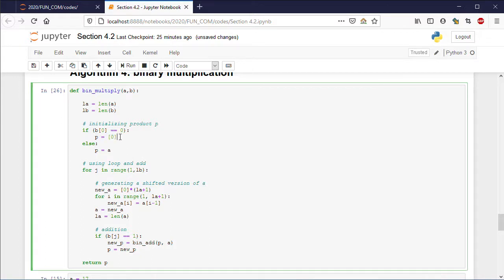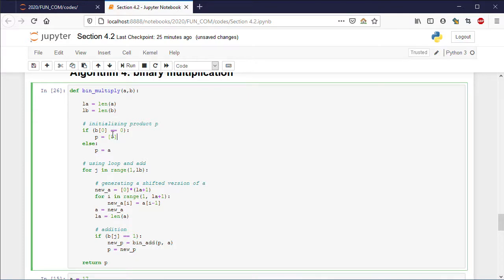So when B0 is 0, the idea is that we are going to create a list with just one element that is also 0. So in the initialization stage, if B0 is 0, then B0 times anything is still 0.